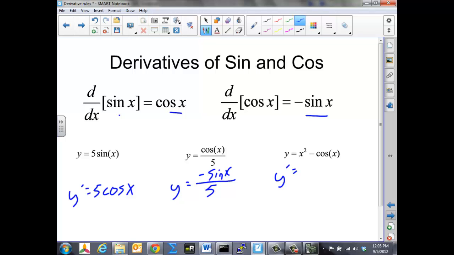What's the derivative of x squared? 2x. And it's got to have a sine there, because the derivative of cosine is minus sine, right? But we've got a minus in front of it, so the two minuses cancel each other out. So we get an answer of 2x plus sine x for y prime. Okay?